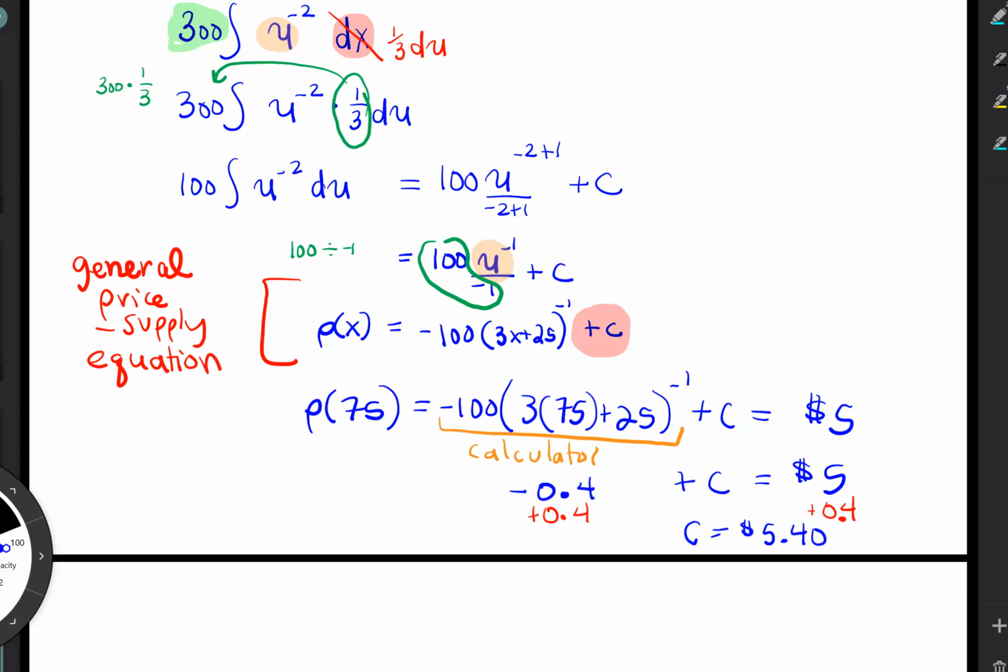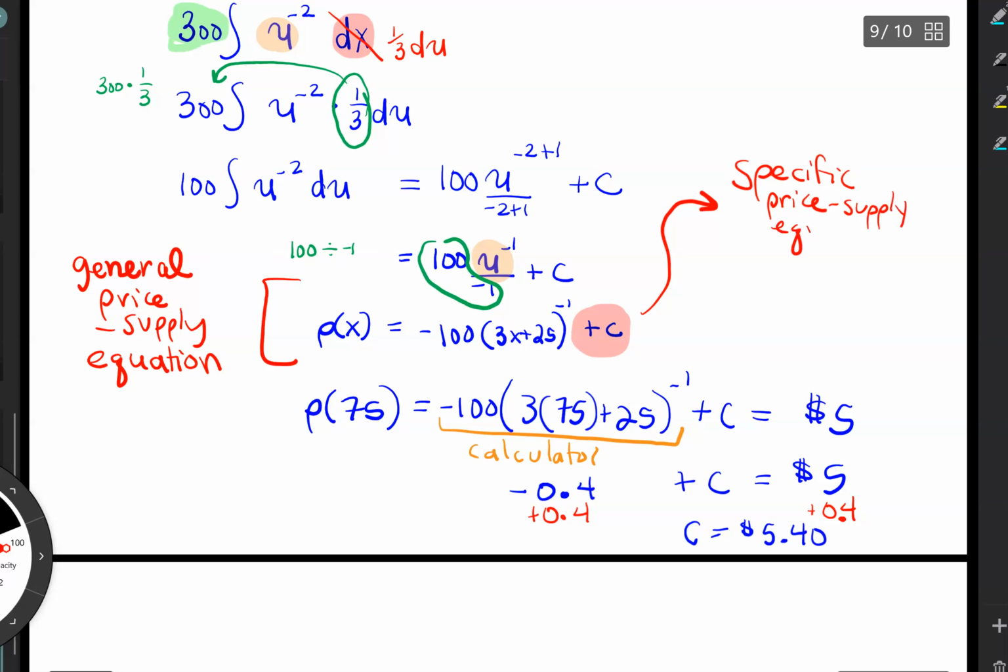So instead of having this general equation, now I'm going to have a specific price supply equation. And this is it. It's going to be -100, 3x plus 25 to the -1 plus $5.40.